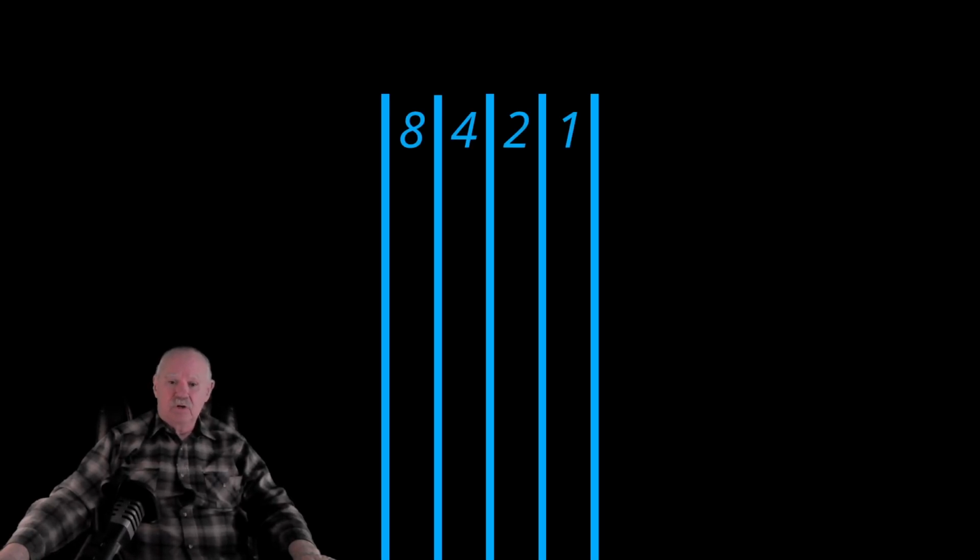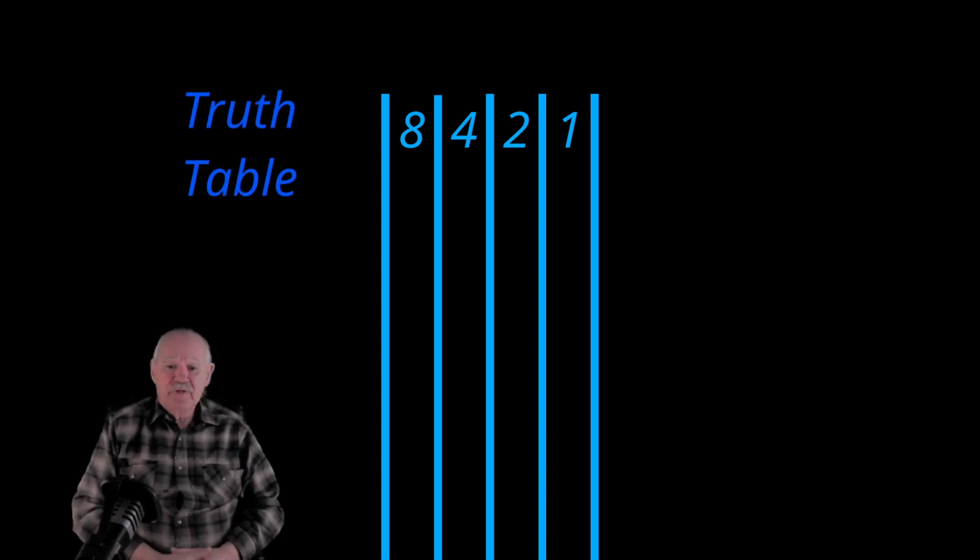We're going to start with 4 numbers at the top. We're going to start on the right-hand side, moving to the left, and we're going to start with the number 1. And we're going to double it for each block, so it'll be 1, 2, 4, and 8. Those are the 4 numbers that we're going to use for this particular conversion.